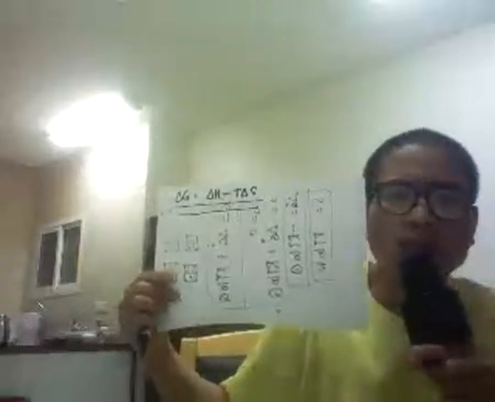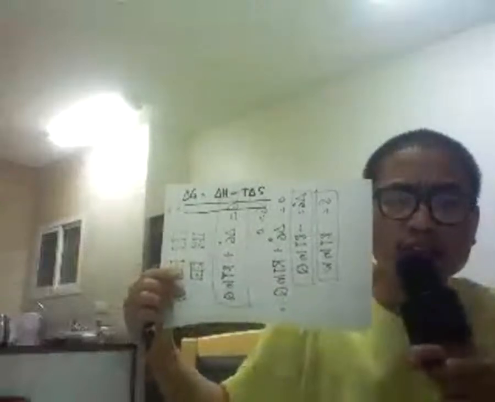So since we know that if we have a negative delta G, let's say negative 1, this is less than 0. This equals delta H. Since delta H here is less than 0, so negative 1.